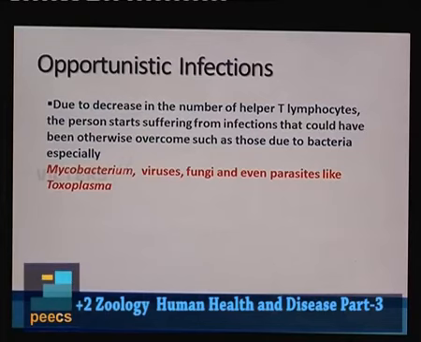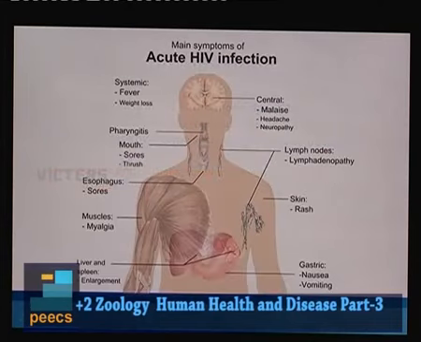So, due to the decrease in the number of T lymphocytes, there will be some opportunistic infections, infection of mycobacterium, viruses, fungi, and even parasites like toxoplasma. They are coming at this time because the immune system is very weak. So, these infections we call opportunistic infections.